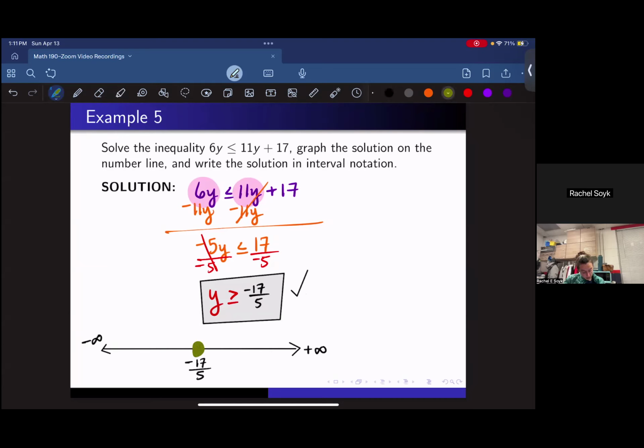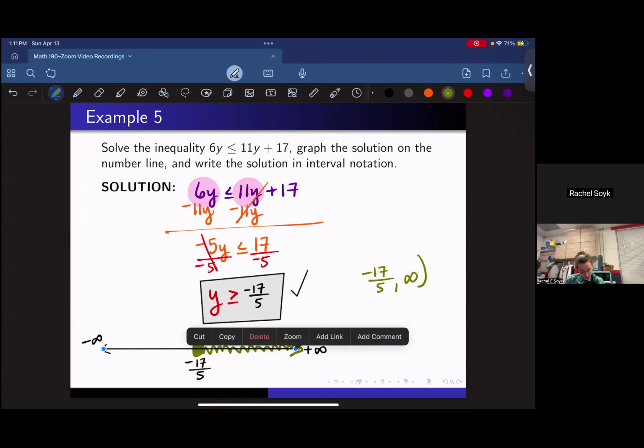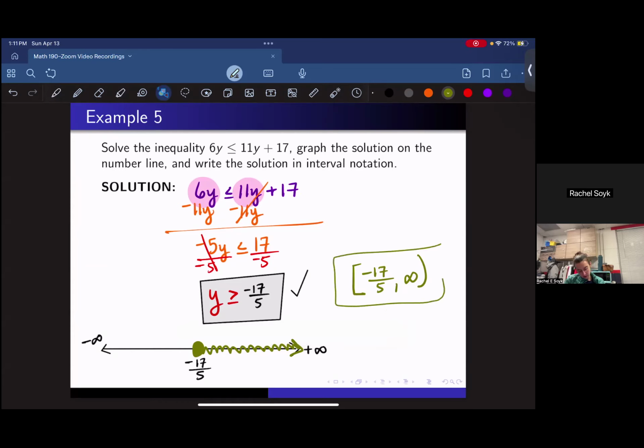And it's all values that are greater than or equal to it, so we're shading to the right. In interval notation, this looks like negative 17 over 5, comma, positive infinity, soft bracket at positive infinity, and a hard bracket at our negative 17 over 5. And that's it.